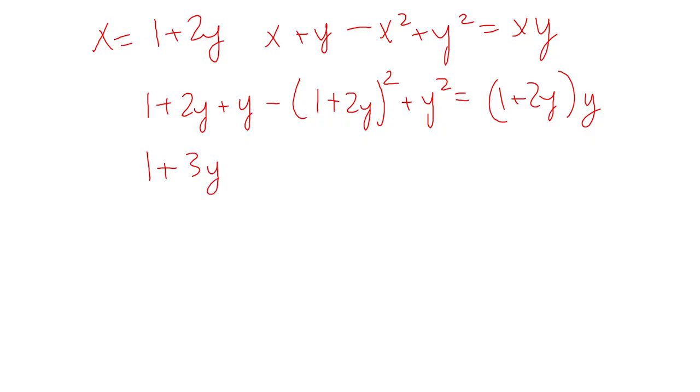We got 1 plus 3y minus 1 minus 4y, and then minus 4y squared plus y squared equals y plus 2y squared. A whole bunch of bringing everything to one side. I think I'll take everything over to the right hand side just because I can see that's going to give me a positive y squared term over there.